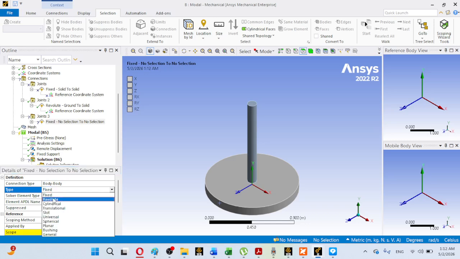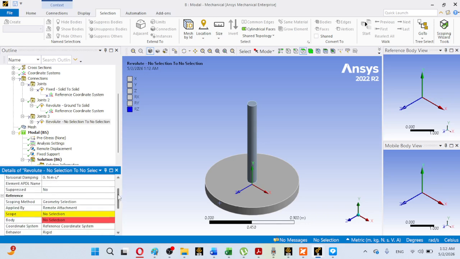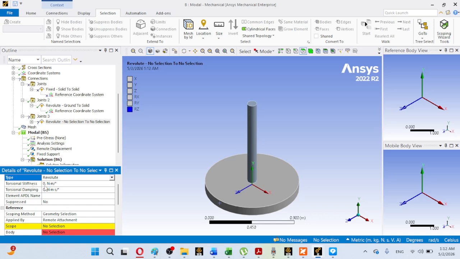Once the revolute joint has been selected, you will be obtaining two pieces of information that will be required.